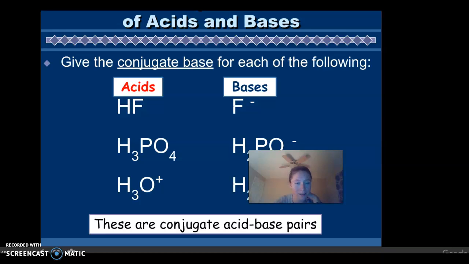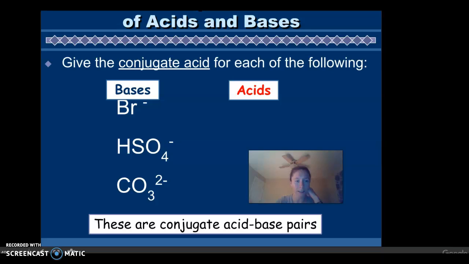When it loses an H+, it will literally have one less H, so again going from 3 to 2, and it lost a plus, so now it goes from positive to neutral. Notice how this went from neutral to negative, this went positive to neutral. So whenever you're going from the acid to its conjugate base, you are going down in charge by 1, assuming you've only lost one proton.